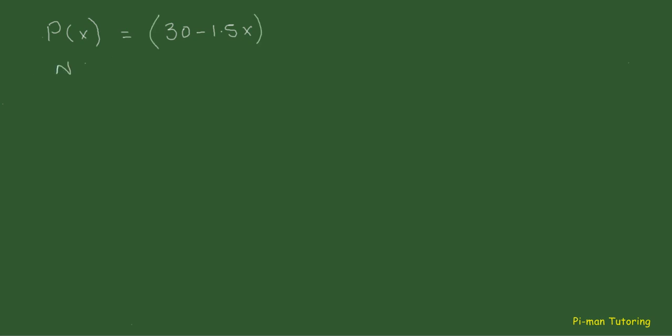The number of people attending as a function of x is the original 60 people that attended plus 10 extra people for every increase or decrease in price. Decrease in this case. And so our revenue as a function of x is the price as a function of x multiplied by the number of people attending as a function of x. And this is where our quadratic will appear.